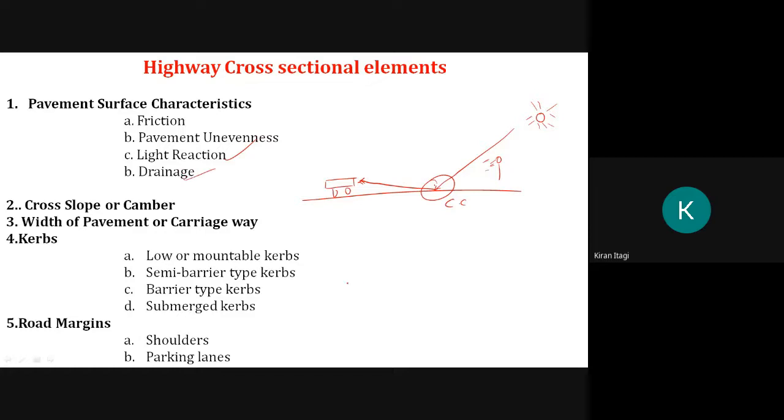And what about the drainage? See, this is your cross section. First I will draw how the road should be. This is your side drainage.